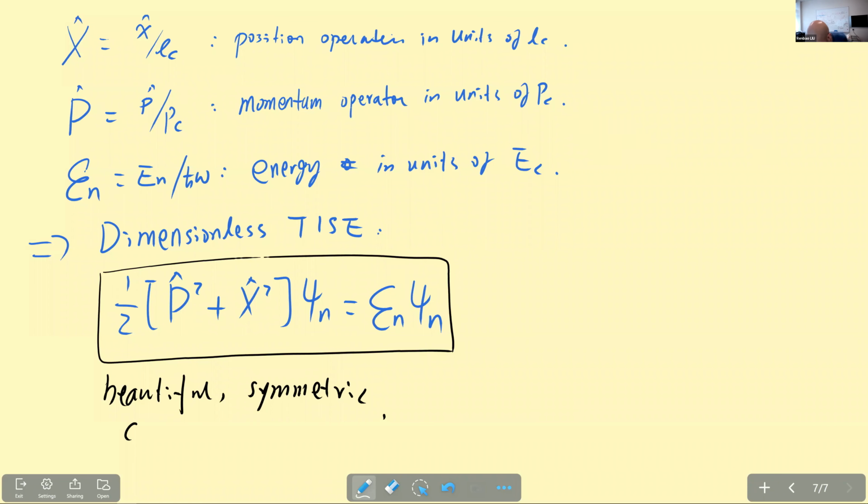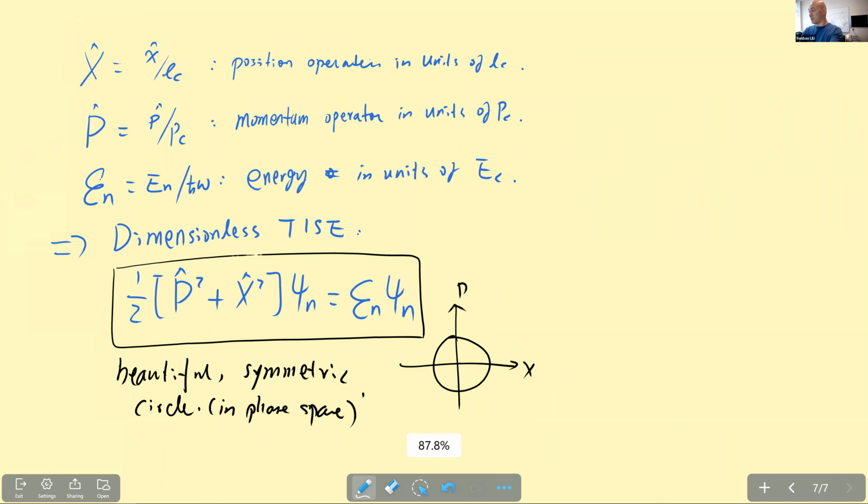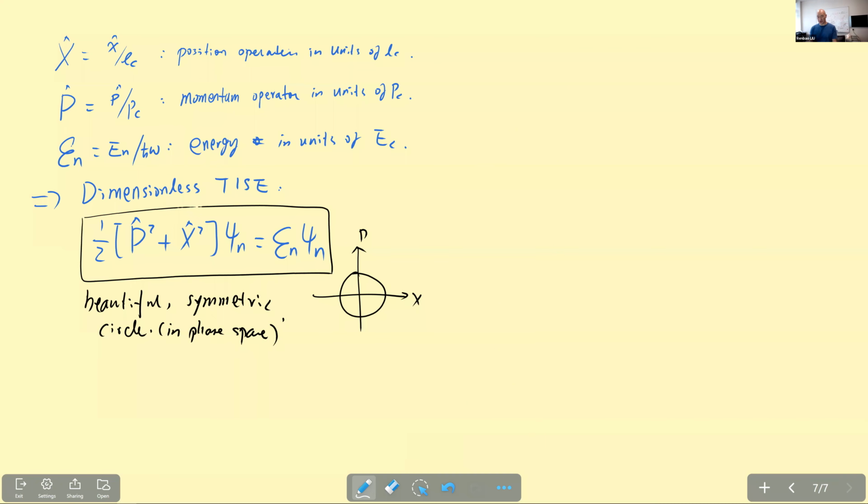It's a circle in phase space, right? So you can see that if you have something in the phase space x and p, the motion will be just a circle. Because the Hamiltonian has the position and momentum on an equal footing. That's actually an extremely beautiful feature of this harmonic oscillator.